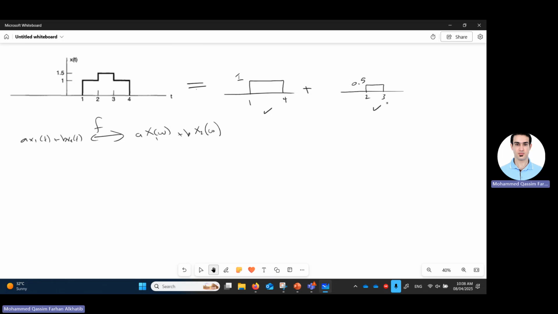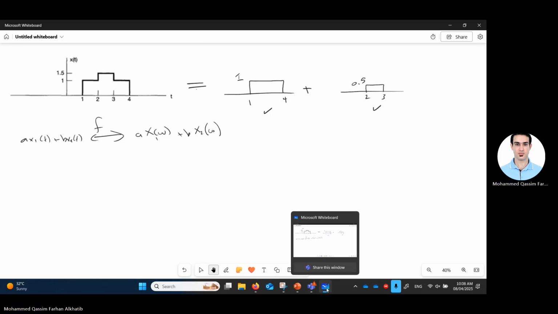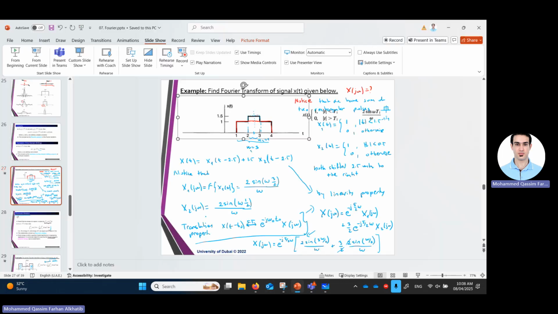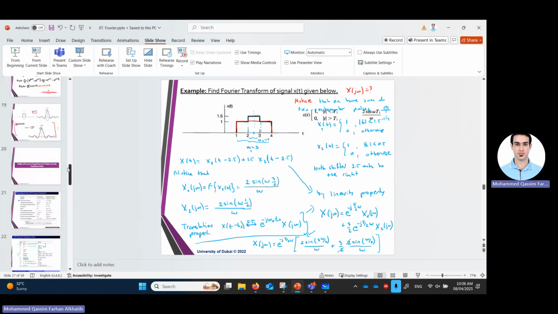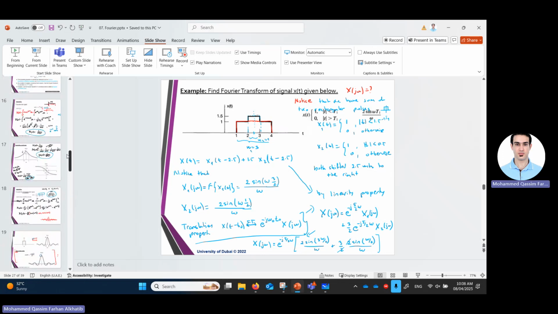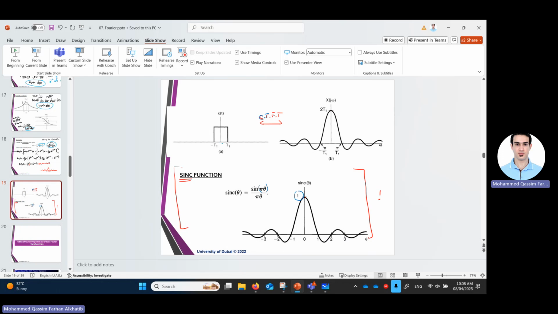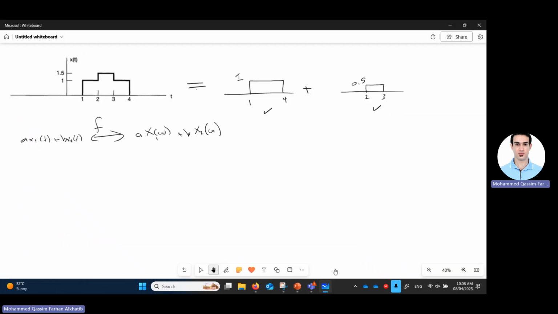All right, so for the first one, what will be the proper representation of it? It's a rectangle. Let's go back to the tables. In the tables, we have the issue that each rectangle is centered at 0, like this rectangle here. So I'll get a sinc, but this is not my standard rectangle. This is a shifted rectangle. If I wanted to center this rectangle at 0, what will be the values of those? How much is the length? 3.